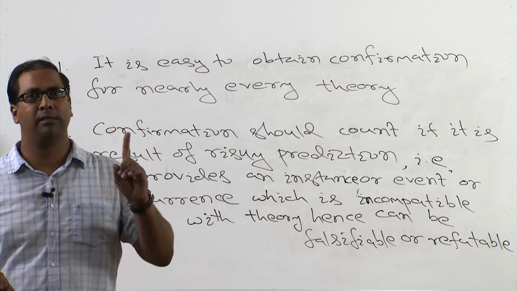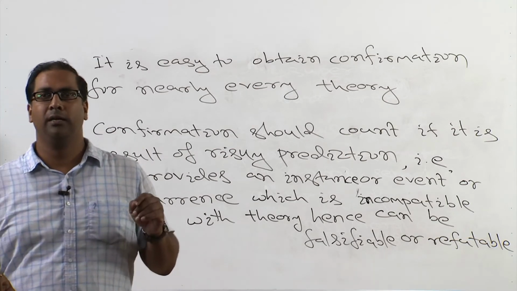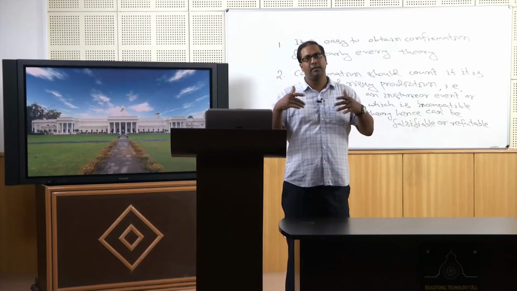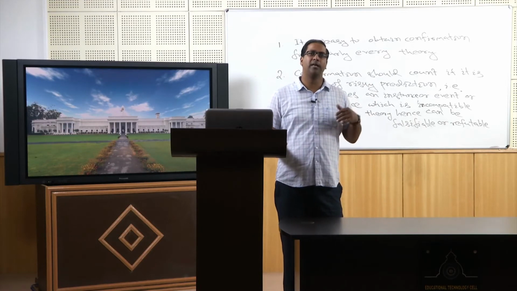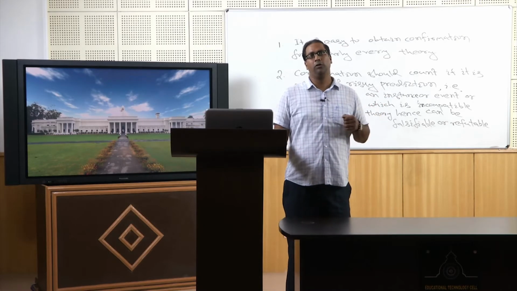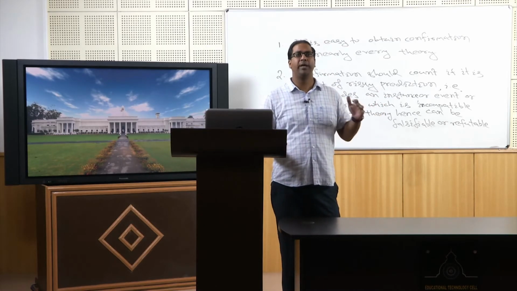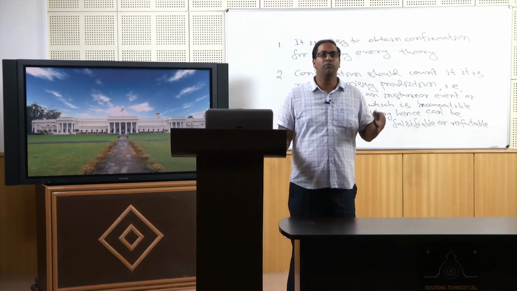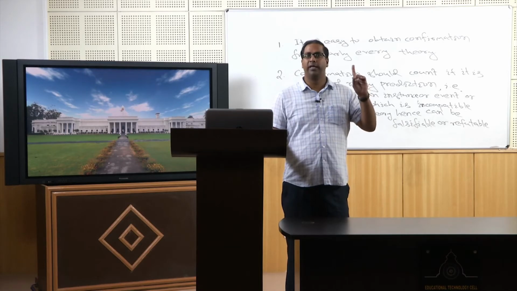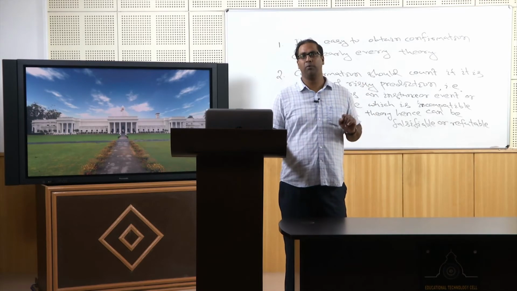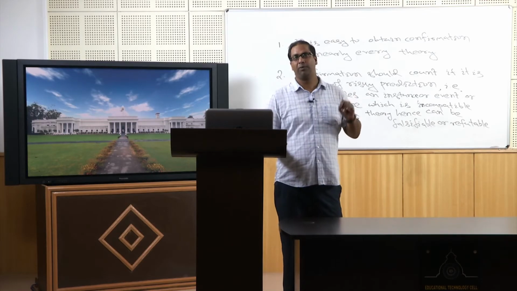But the later Marxists started adding auxiliary statements, they started adding clauses to the original theory to make it foolproof, and that is not a scientific theory according to Popper, because it cannot be falsified.